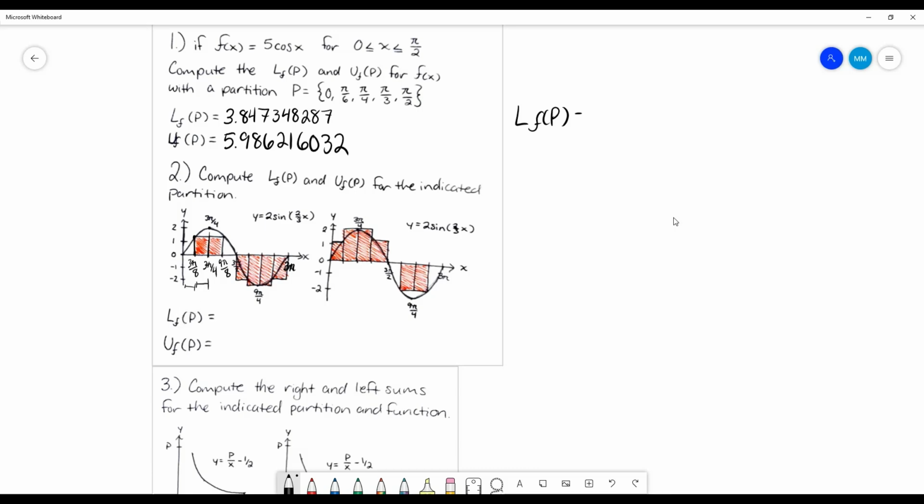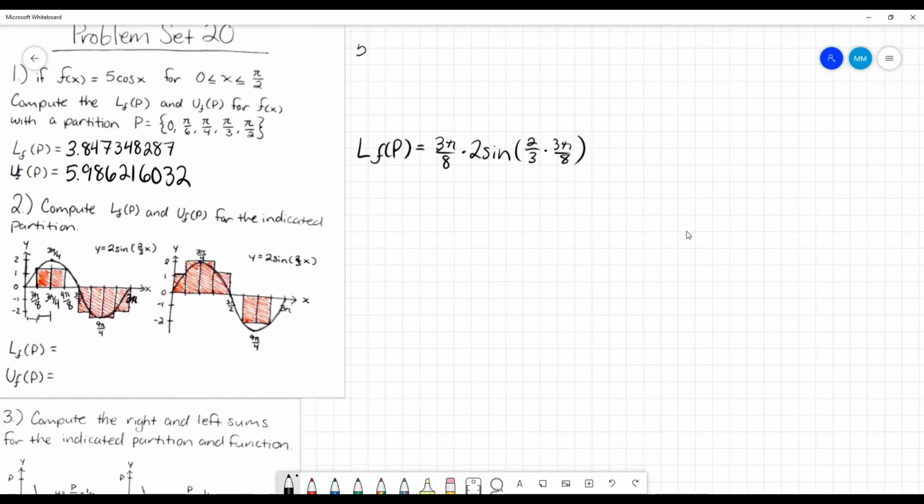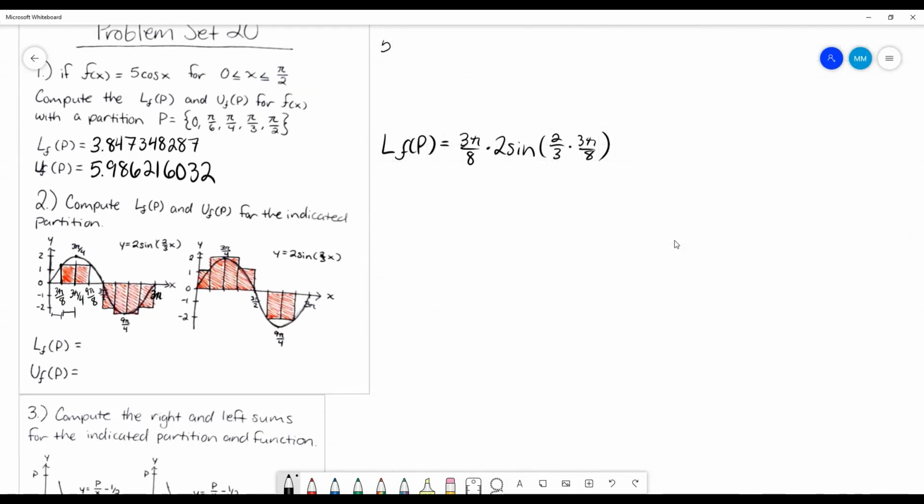So we're looking at this distance, which is also 3 pi over 8, but I just didn't want to be too confusing there. So this is 3 pi over 8 times this height, which is 2 sine of 2/3 times 3 pi over 8. And we'll reduce that more after we get the rest set up.